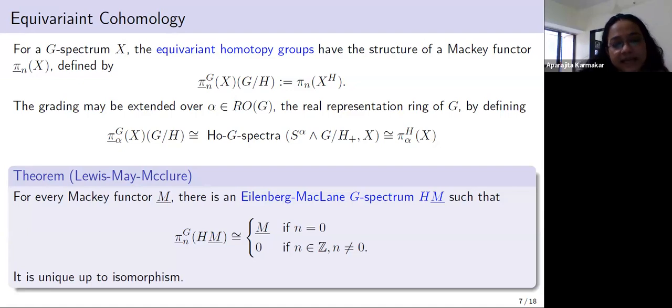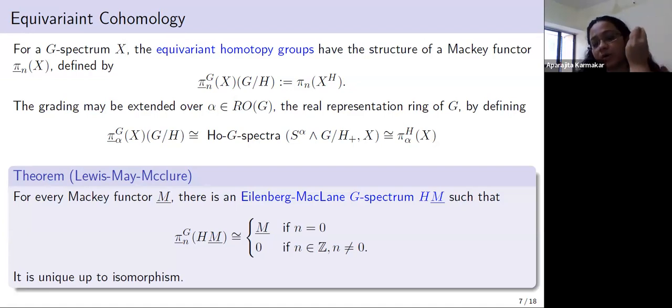The grading n may be extended over alpha in RO(G), the orthogonal real representation ring of G, by defining pi bar G alpha of X at G mod H. So pi bar G alpha of X is a Mackey functor.